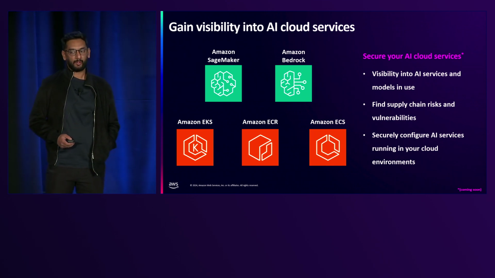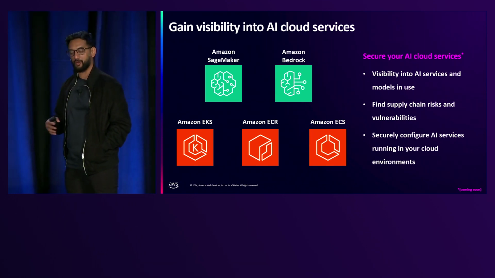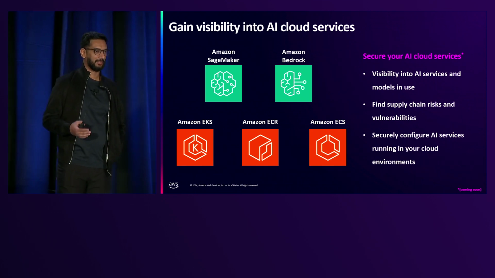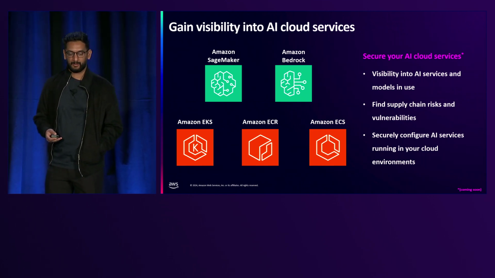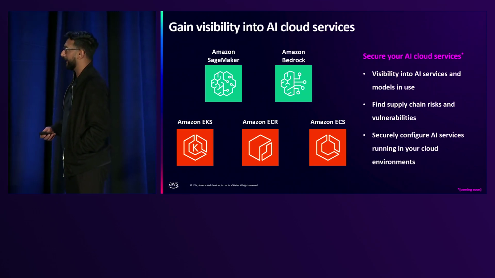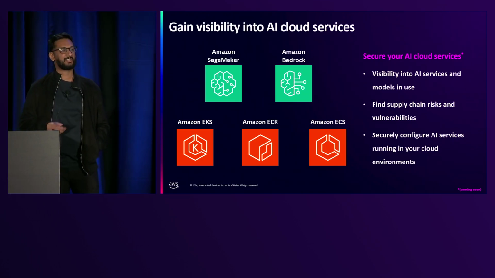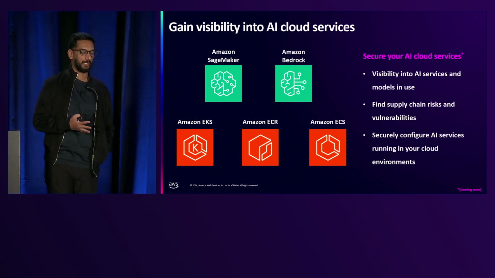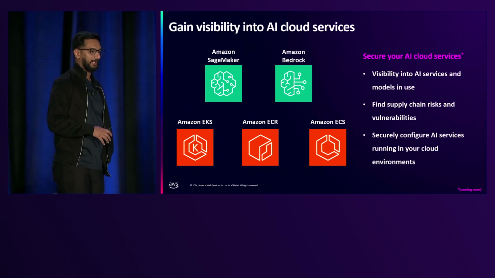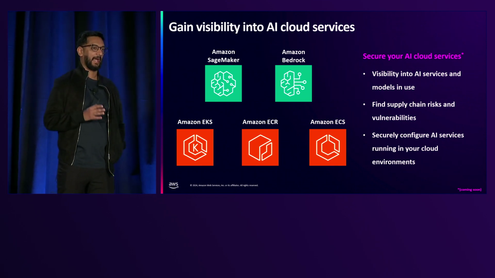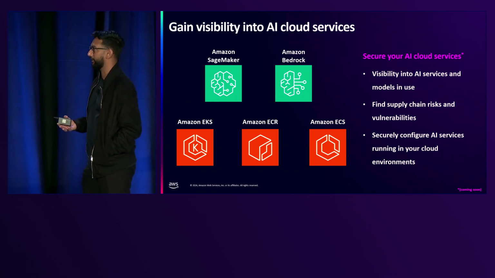Now, the first thing then you want to do in terms of implementing controls is to gain visibility into cloud services and how they're configured. With CrowdStrike, we now have the ability to secure AI cloud services and the configurations associated to them. We start off by giving full visibility into things like Amazon SageMaker and Bedrock and any configurations associated to them.